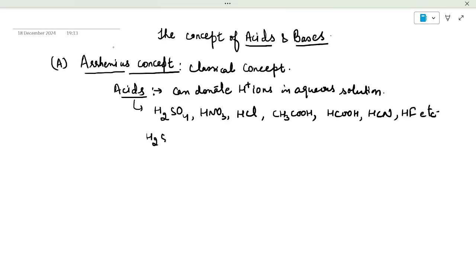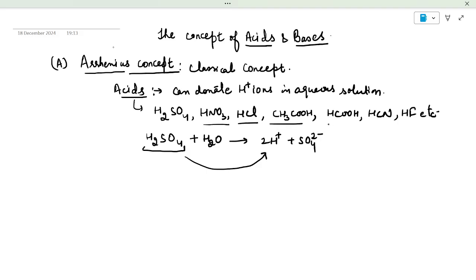Like H2SO4, when water is added to it, it is going to give us two hydrogen ions along with sulfate ions. So this sulfuric acid has a tendency to form H positive ions, thus it is an acid. Likewise, the other substances may also dissociate to produce one of the ions as H positive ion.